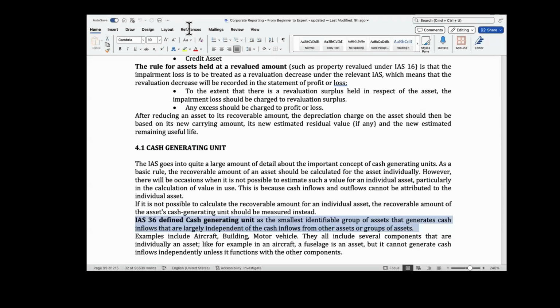So, you first impair obviously impaired assets. Maybe assets that were burnt, that had a fire incident, those kind of assets, you first impair them.